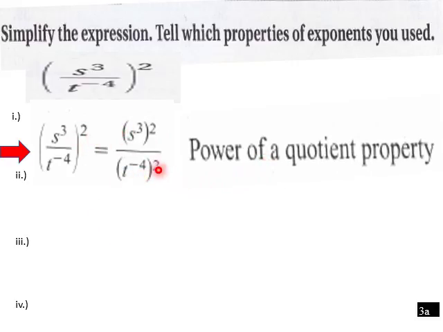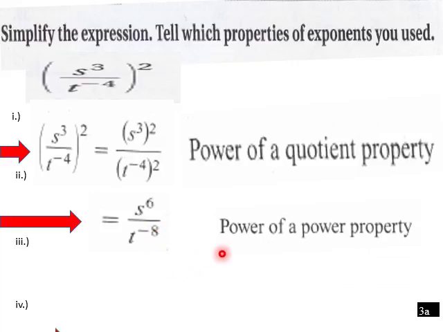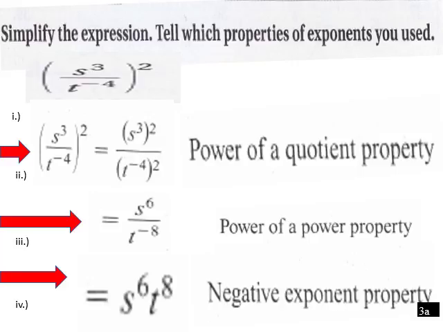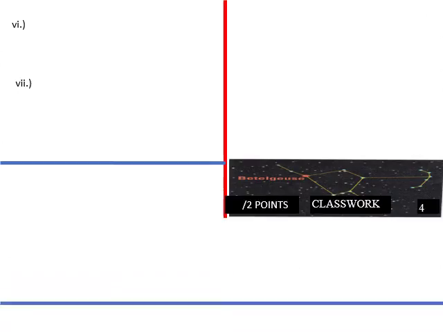Power of a quotient property here. And so when we get through squaring, we have s to the 6th over t to the negative 8. Power of a power. And then this flips up because it's a negative exponent. So we have s to the 6th, t to the 8th would be a simplified form of that expression.